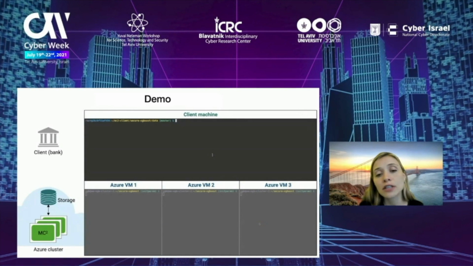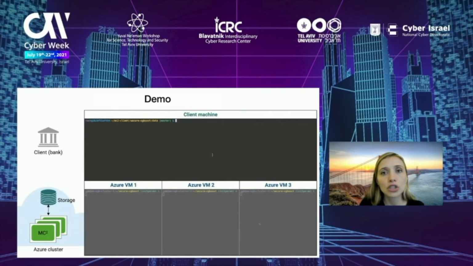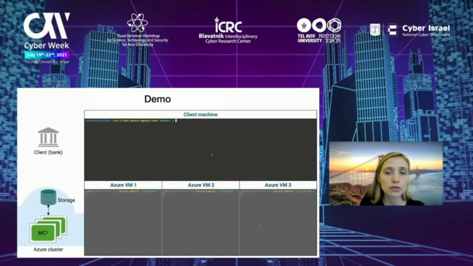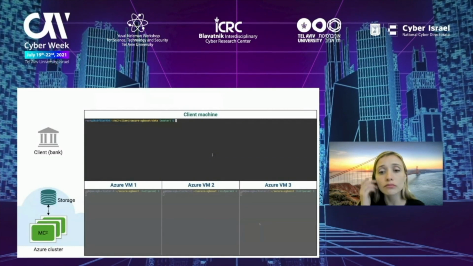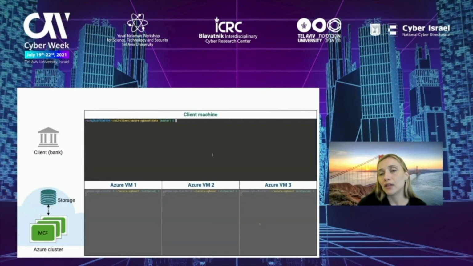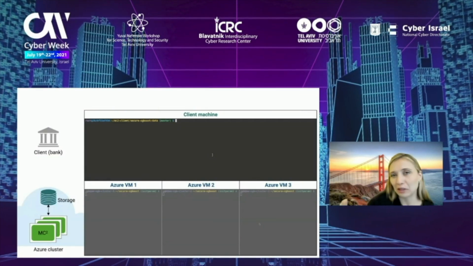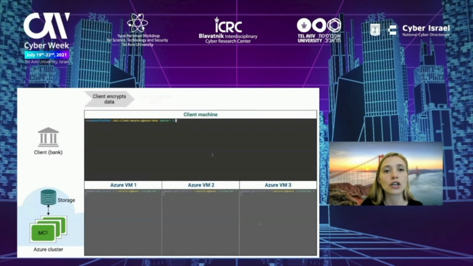And on the bottom screens, you're going to see the inner workings of the cloud side, so the virtual machines with hardware enclaves belonging to MC² in the cloud. Again, this is going to be command line, but all of these details will be abstracted out in 3 simple steps in the actual open source.